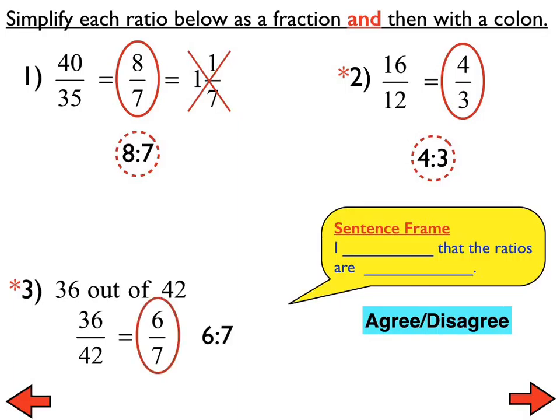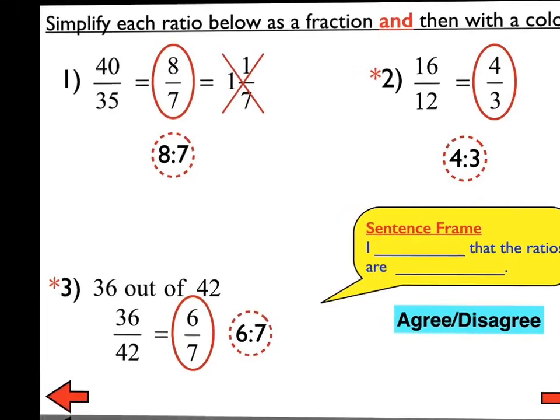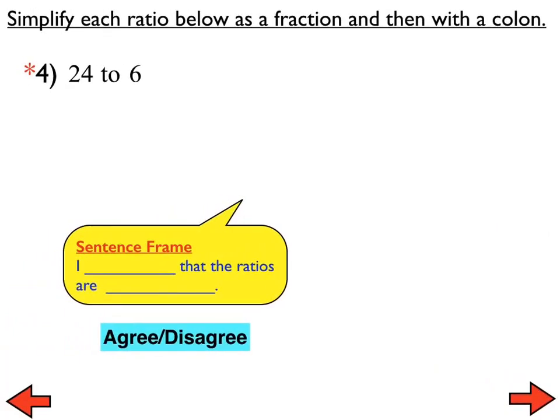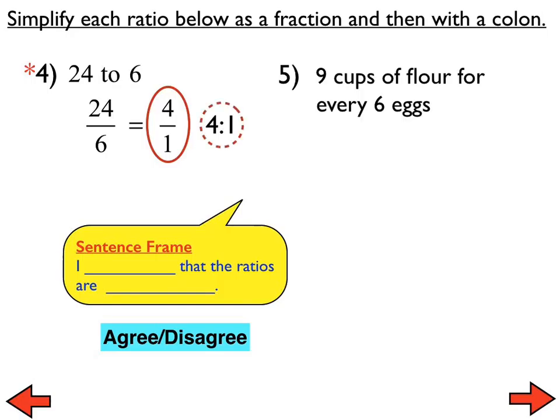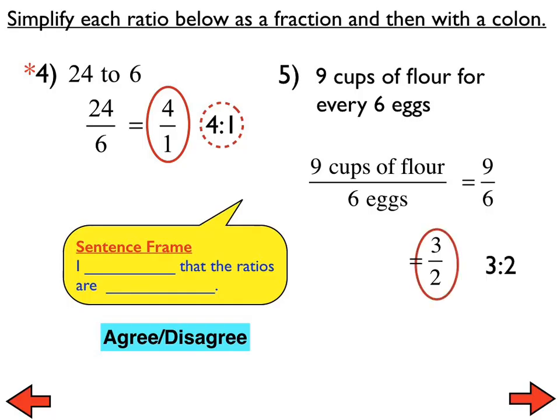Good. 6/7, 6:7. Number 4, Lance? I determined that the ratios are 4/1 or 4:1. Very good. Not flipping that upside down. Be careful there. And number 5, Aiden? Can't you reduce that? 3/2 and 3:2. Make sure you reduce it.